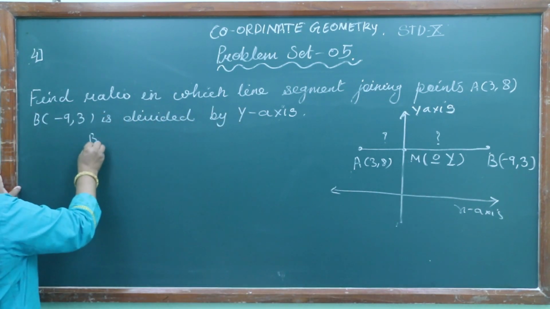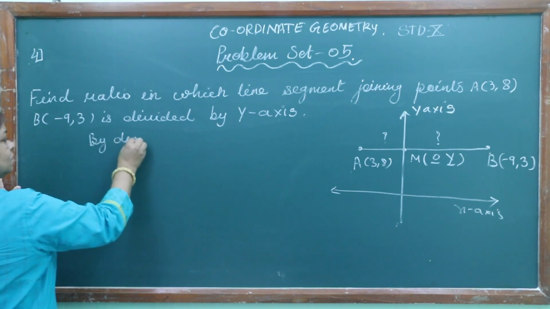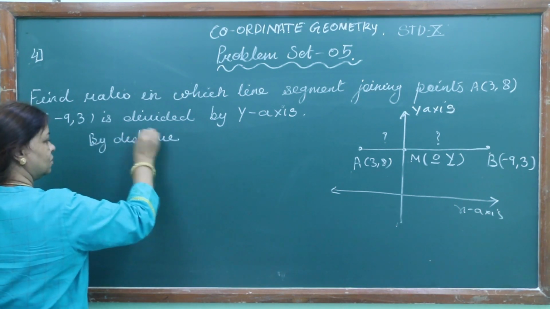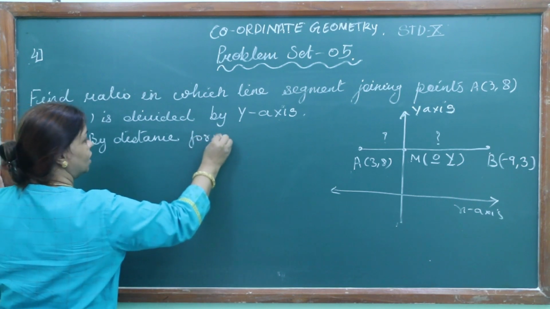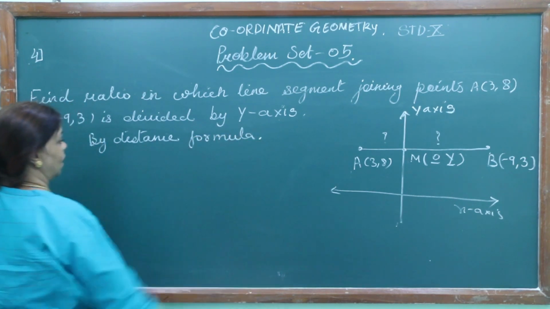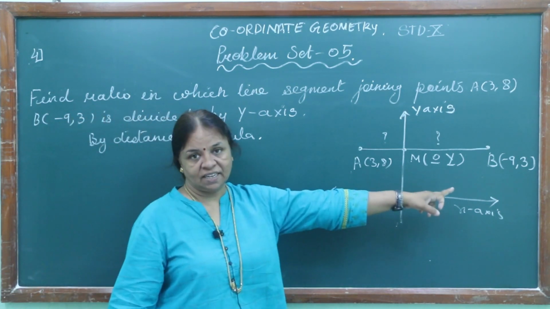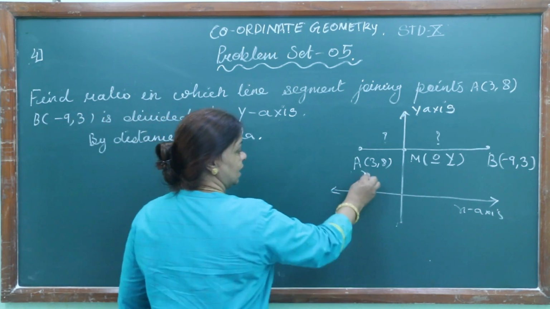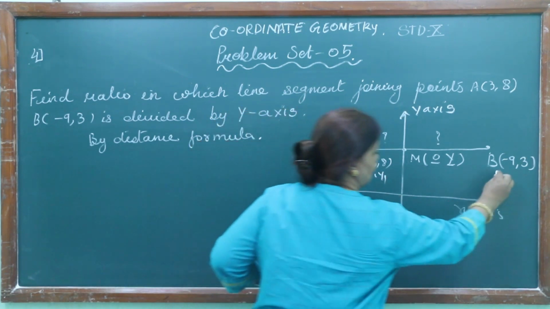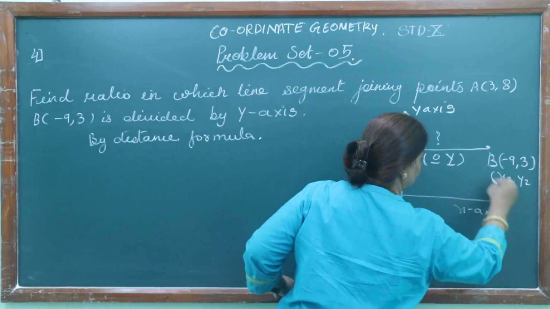So by the section formula, here children we have to use the formula because we are asked the ratio and two coordinates are given, A and B, that is (x1, y1) and (x2, y2).